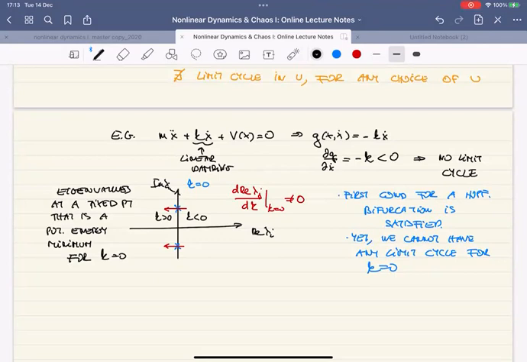Okay. In either case, the result kicks in, because this term has a constant sign, which is non-zero. So in either side of this story, you cannot have any limit cycle. So no subcritical Hopf, no supercritical Hopf, right? Since we cannot have that, the result is that A naught must be 0 in the Hopf normal form.